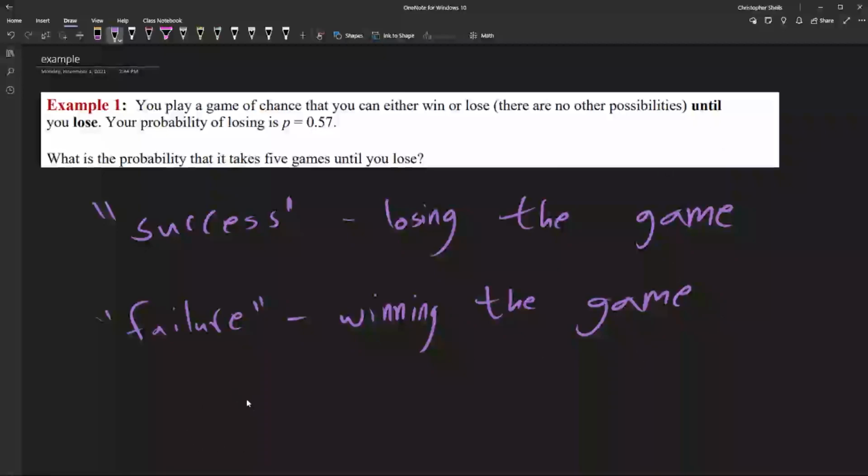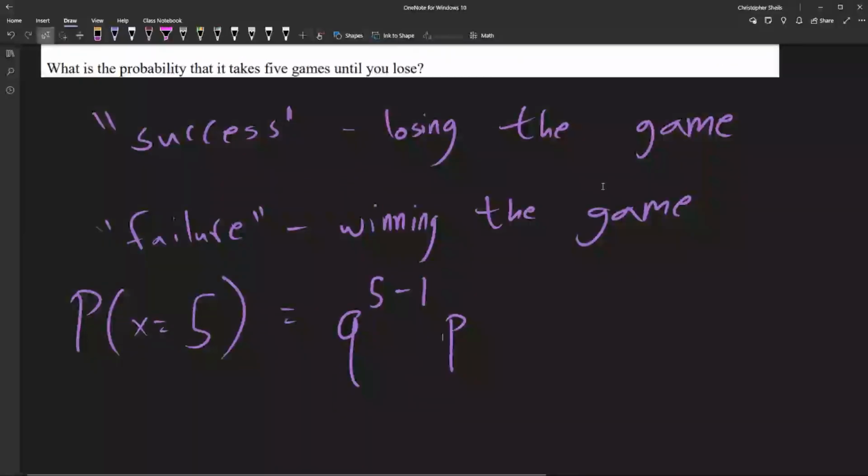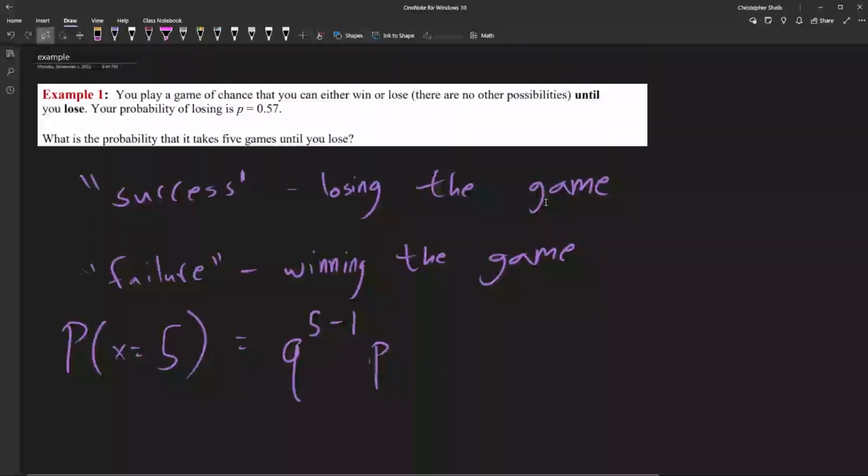So here we want to find the probability that the number of trials it takes would be 5. And this is going to be Q to the 5 minus 1 times P. I know that P is 0.57 because that was given to me.